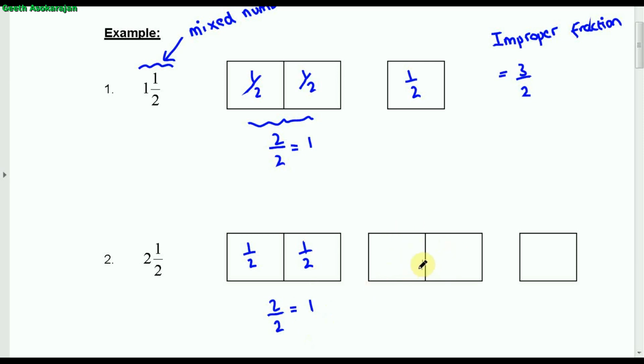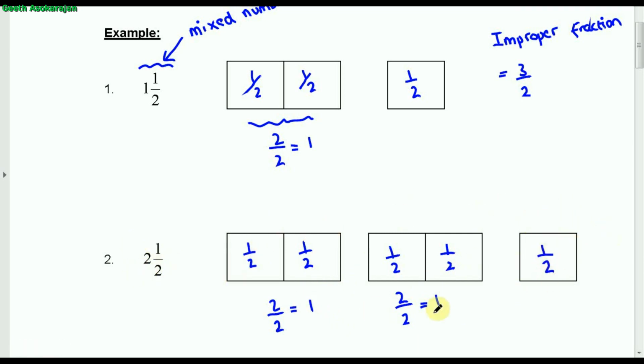And let's think of this as half, so 1/2 and another 1/2, 2/2, and again 2/2 is 1. So I have one whole and another whole with an extra half. So you could visualize 2.5, this mixed number, as 1 plus 1, which gives us two wholes, or 2, with an extra half.